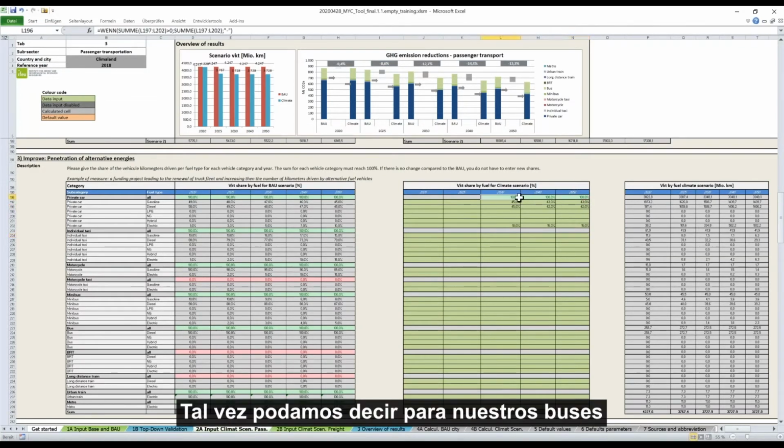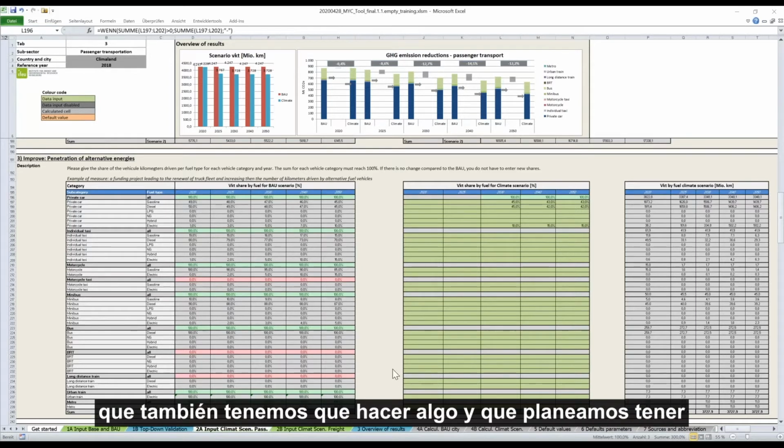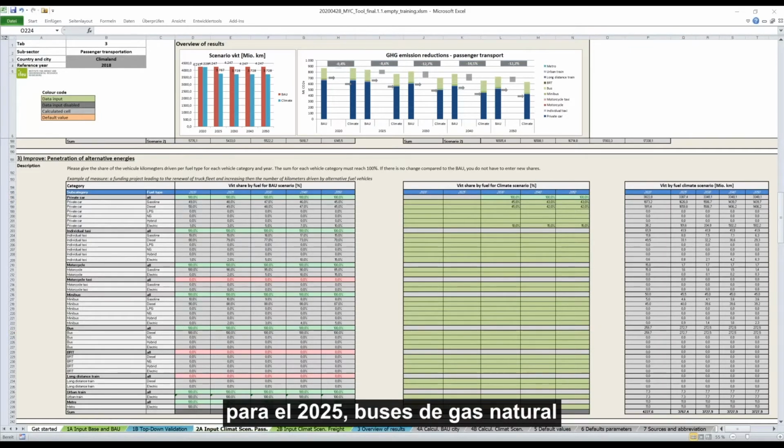For example, check that you have 100%, I have 100%. And maybe we can say for the buses, because we have a lot of buses actually in our city, that we also have to do something for that. And that we plan to have, for example, from 2025 on, natural gas buses.